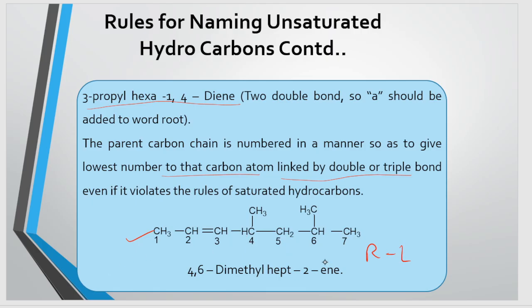And as there are 7 carbon atoms, we can see the root word hept, as there is a double bond at second position 2, as there are 2 methyl groups on fourth and sixth carbon atoms, 4 comma 6 dimethyl. Make sure we don't take the d for the alphabetical order. Of course, there is only one type of substituent here, so no need to check the alphabetical order also.